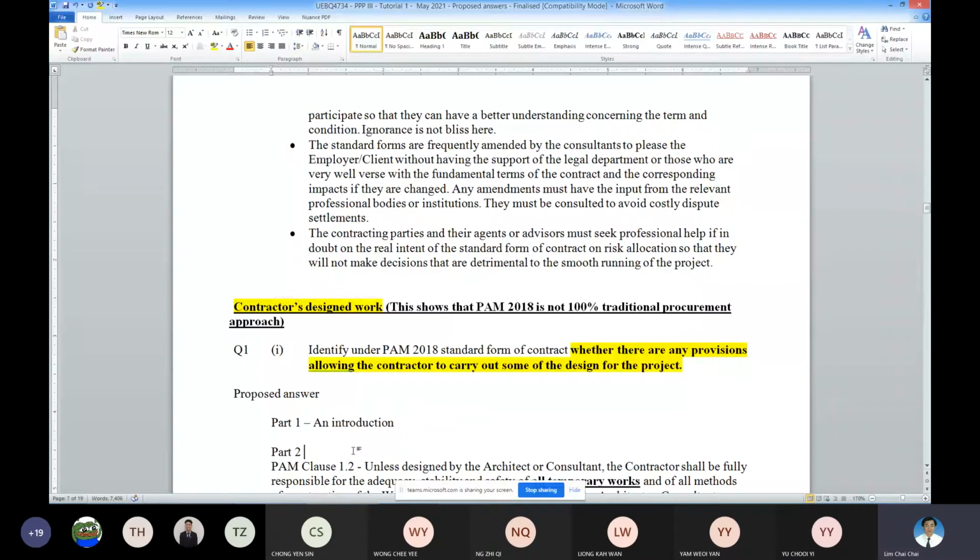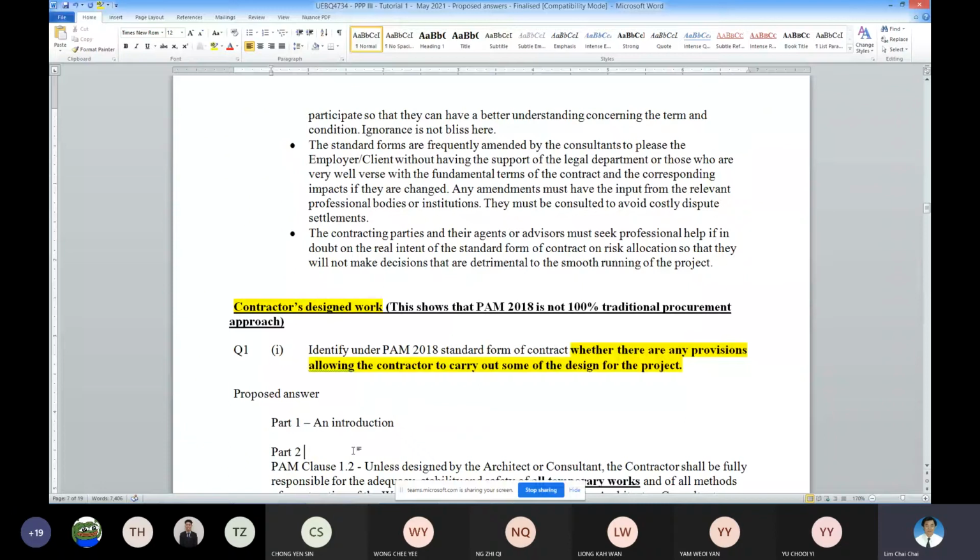If you look at it, under PEM clause 1.2 there is something where the contractor can do the design. Same case for clause 1.3, the contractor may be able to do the design. Same case for clause 27.1. So can you imagine, it is not simply go and read one clause only. You need to scan through your contract document or your standard form.